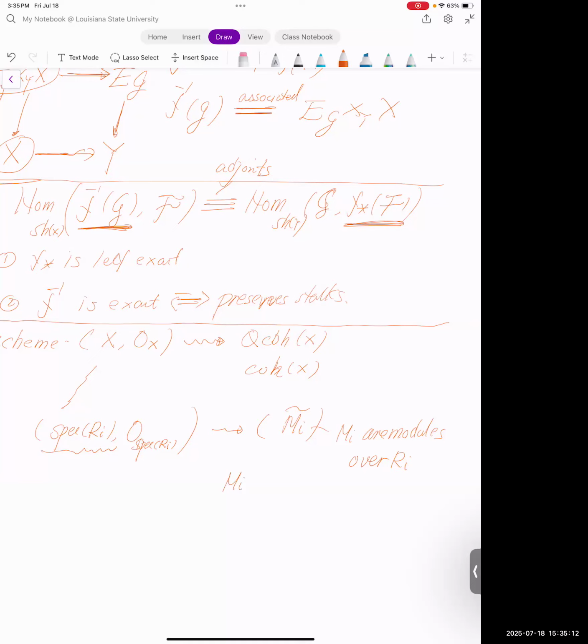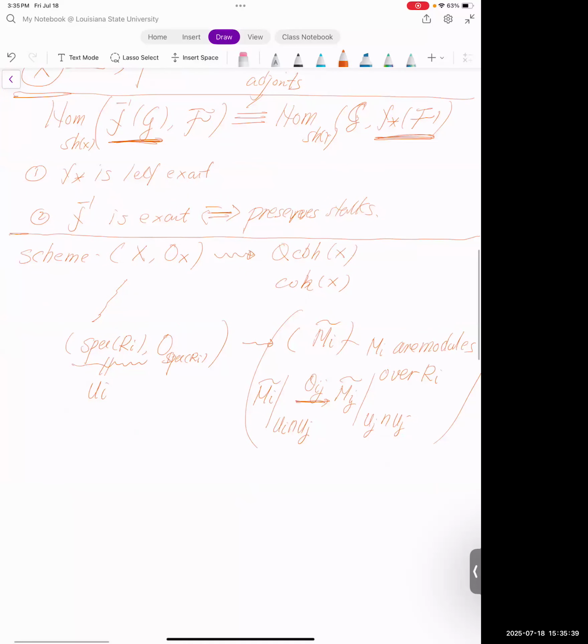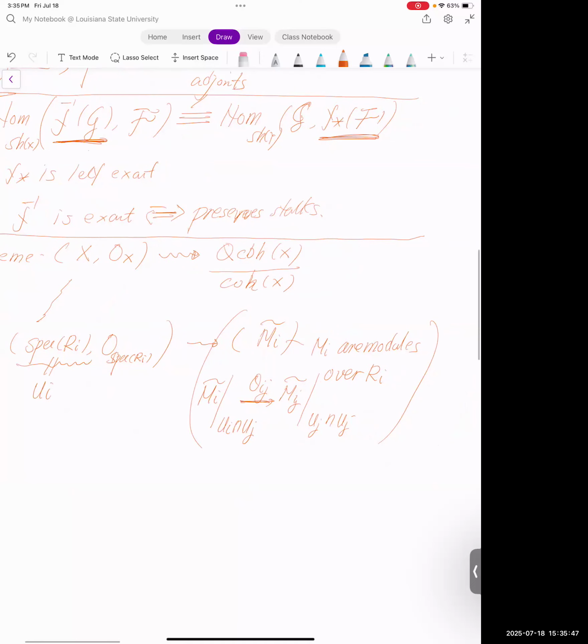If you have M_i, then you need to have these theta_ij's, which give you transition functions. Say this is U_i. You need to take U_i intersect U_j, then restrict to U_j intersect U_i. And you have these two cocycle conditions which are compatible with the transitions. But that's how you get a quasi-coherent sheaf. So basically on affine sets, there are modules, and you make this module into a sheaf by doing localization.